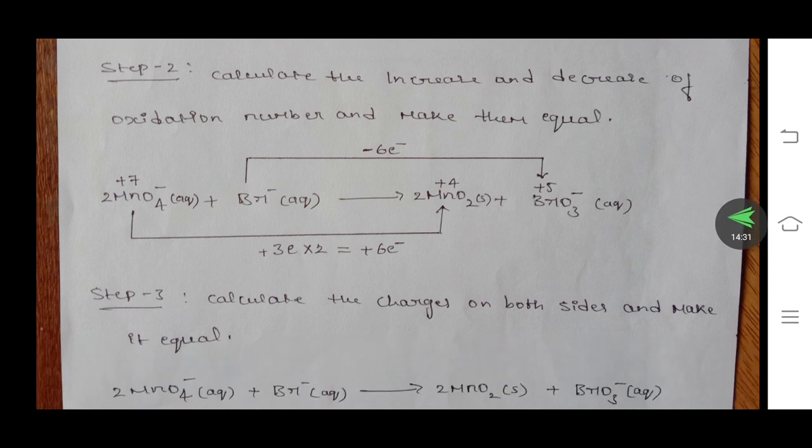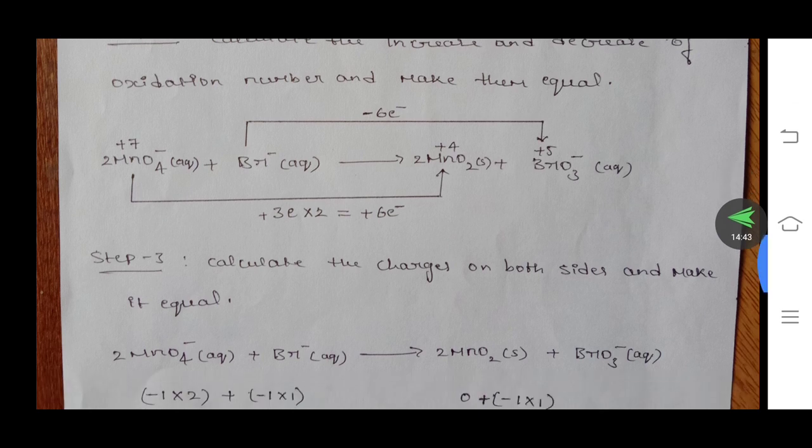So this 2 you have to multiply with this half equation. So that is 2 MnO4 minus and 2 MnO2 on the right hand side. So oxidation and reduction electrons will be equal. Now in this equation the manganese atoms and bromine atoms are balanced. The number of manganese atoms is 2 on the left side and 2 on the right side. Br is 1 on the left side and 1 on the right side.